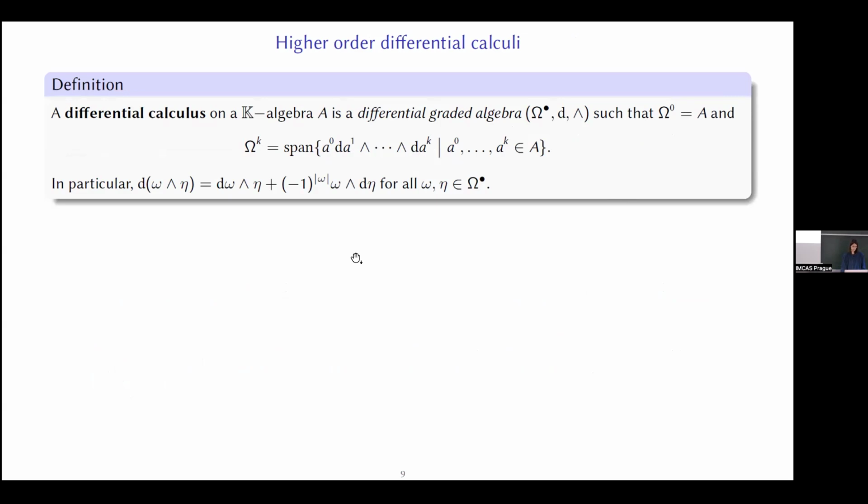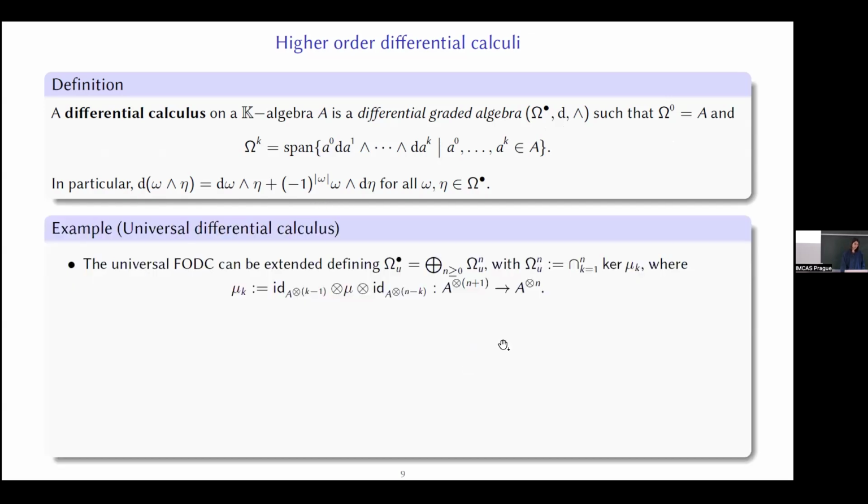In particular, what this means is that (Ω•, ∧) is a graded algebra, (Ω•, d) is a complex, and then wedge becomes a morphism of complexes, and this results in this graded Leibniz rule.